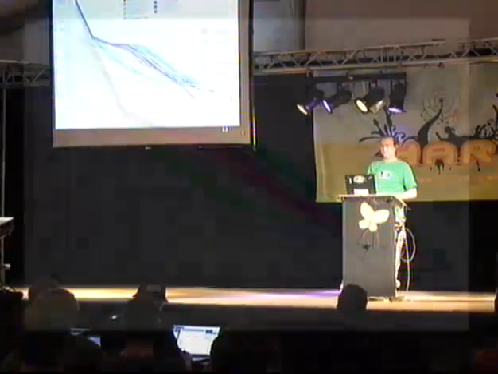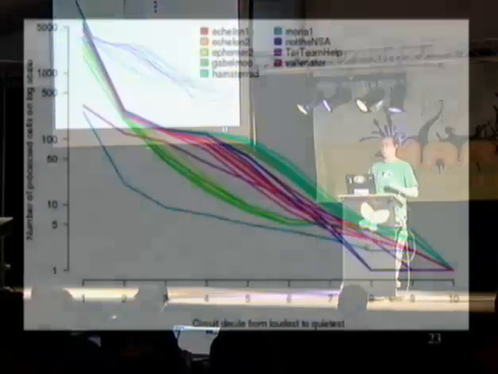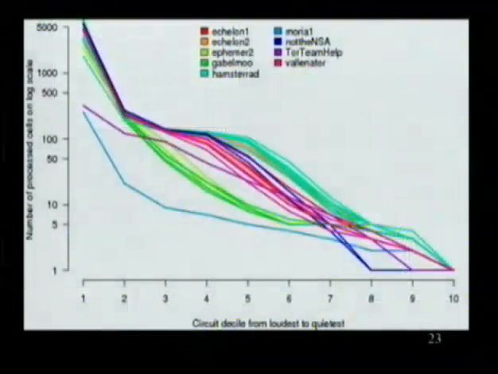So here's a graph of all the circuits that 9 or so relays have seen over their lifetime. We've ordered the circuits by the loudest 10% over here to the quietest 10% over here. What we're looking at is the number of cells that they've seen over the lifetime of that circuit. The really loud circuits, the ones that have seen the most cells, are seeing 2,000, 3,000, 5,000 cells.